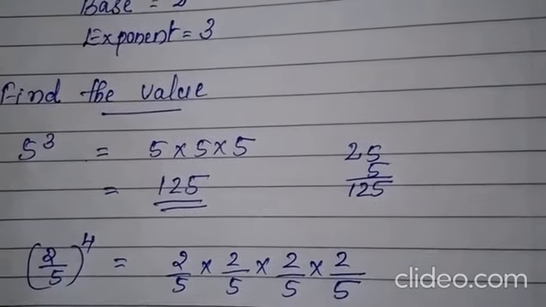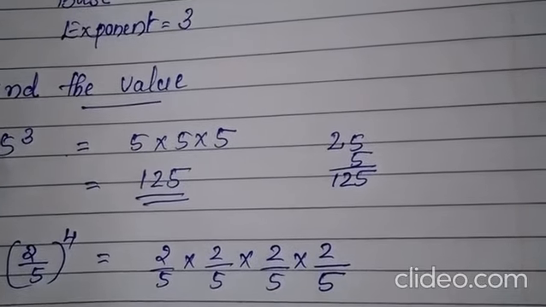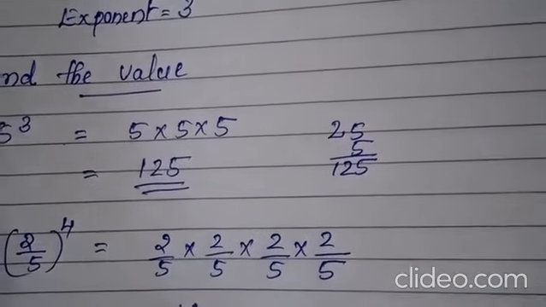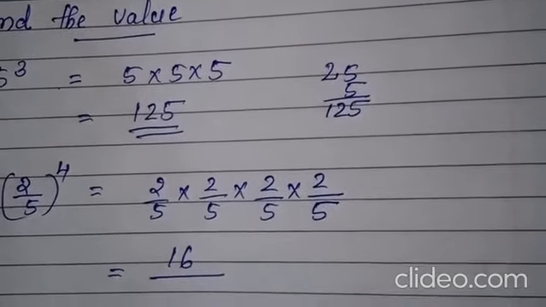The base should be multiplied 4 times, so the power is 4. So we multiply: 2 2s are 4, 4 2s are 8, 8 2s are 16 as the numerator. And the denominator is 5 5s are 25, 25 5s are 125, 125 5s are 625. So the answer is 16 by 625. Understood?